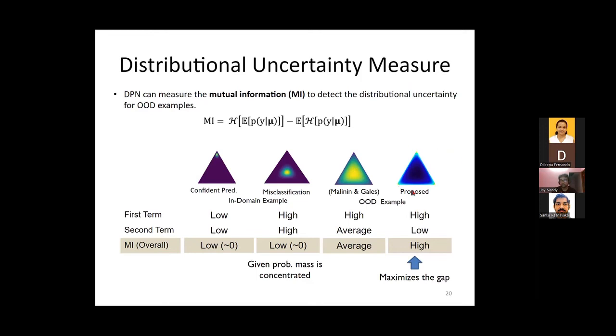So the entropy of each of these representations is going to be low, and overall the average of them is going to be low. So basically we get the first term high, the second term low, and the overall term low. In terms of the metric, we can distinguish in-domain examples versus OOD examples very clearly.